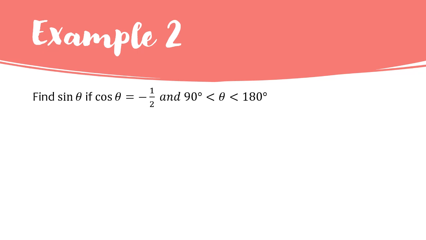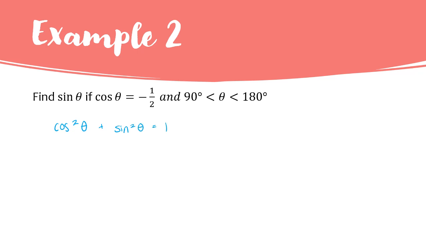Okay, so we have sine of theta, that's what we want to find, and we're given that cosine of theta is equal to -1/2. So the trig identity that I'm going to start with is cosine squared plus sine squared is equal to 1.